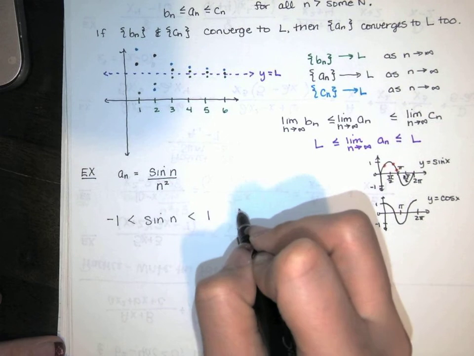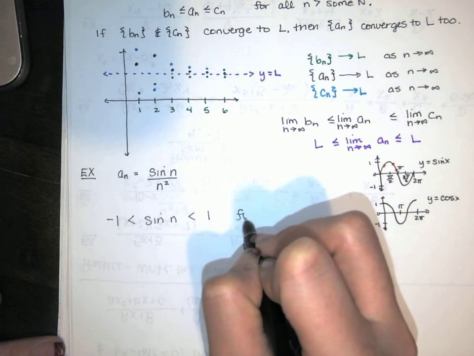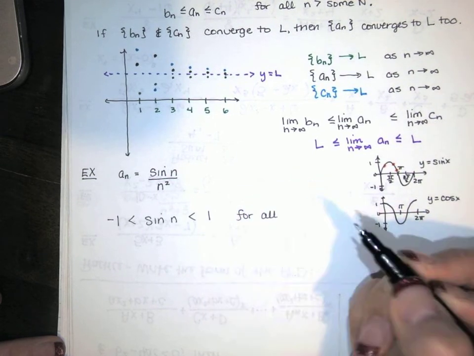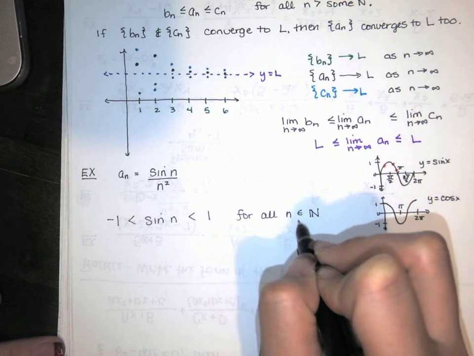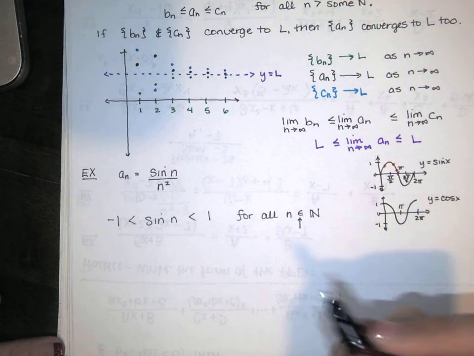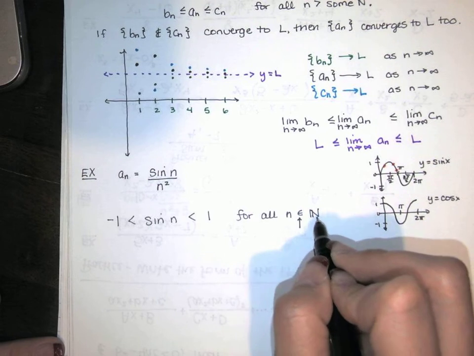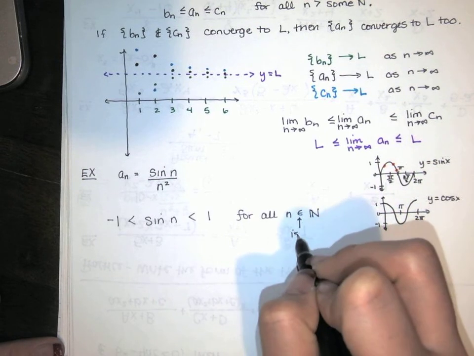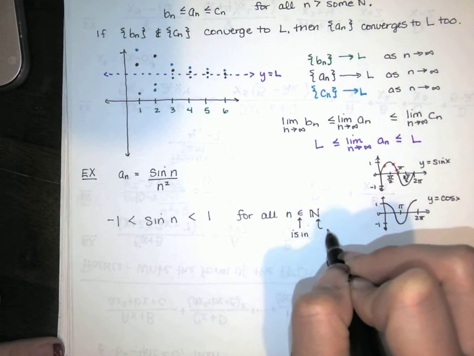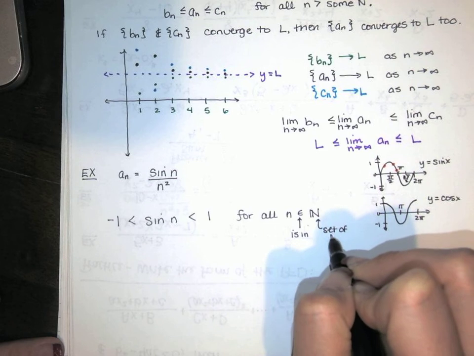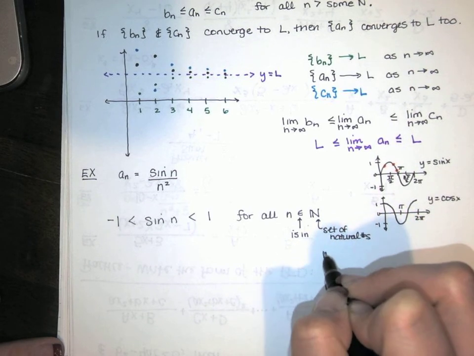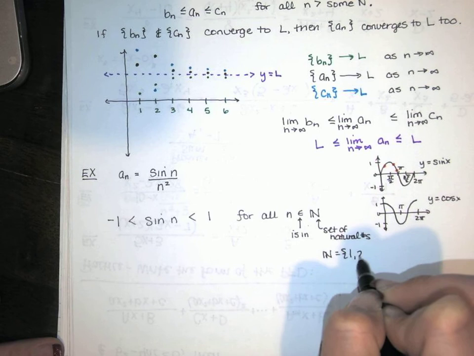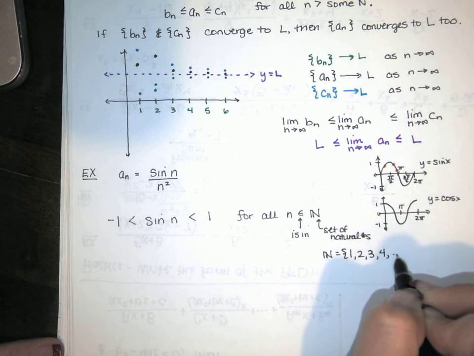So this is true for all n in the natural numbers. This little symbol, it looks like an E, it's an epsilon. This means n is in this set, and this set is the set of natural numbers, the set of counting numbers, starting with 1, 2, 3, 4, and so on.